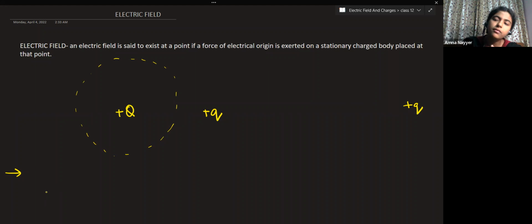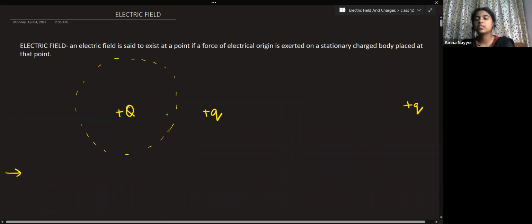And if you bring a positive charge towards this plus q, they will repel each other. So this solitary stationary charge has a certain environment around itself in which electrical properties exist. There's a space around this positive charge where the electrical environment can be felt.